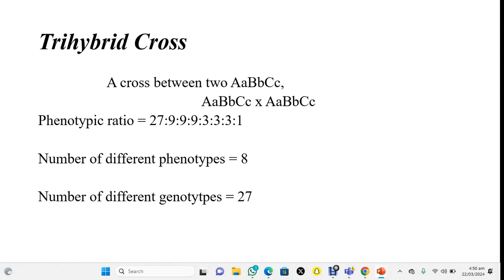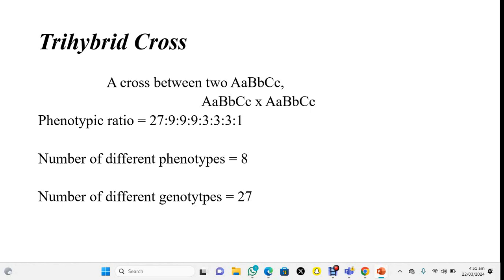So it means that we are expecting that out of the 64 offspring, they are not all going to have the same genotype. Some will have the same, but you can see that you could have about 27 different genotypes among all the 64 individuals.